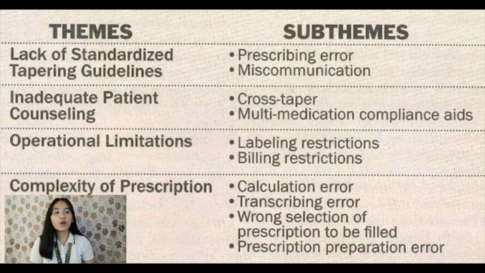The last is the complexity of prescriptions. Independent double checks should be performed for each prescription during the order entry and dispensing process. More specifically, rules and policies in the pharmacy should be implemented to increase awareness and conscientiousness during the prescription preparation process.